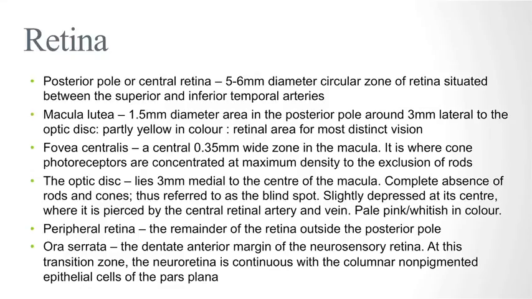Peripheral retina, the remainder of the retina outside the posterior pole. Ora serrata, the dentate anterior margin of the neurosensory retina. At this transition zone, the neuroretina is continuous with the columnar non-pigmented epithelial cells of the pars plana.